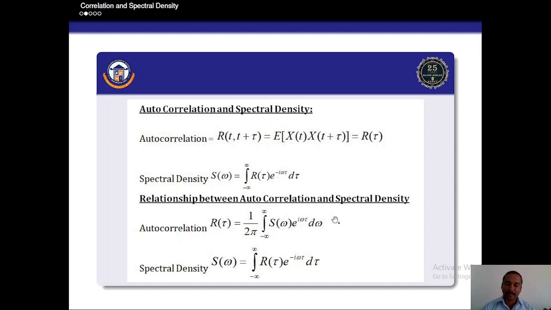That means the Fourier transform of the autocorrelation function gives the power spectral density, and the inverse Fourier transform of the power spectral density gives the autocorrelation function. So both are a Fourier transform pair. These equations are known as the Wiener-Khinchin relations. Now we are using these two relations to find the other terms.